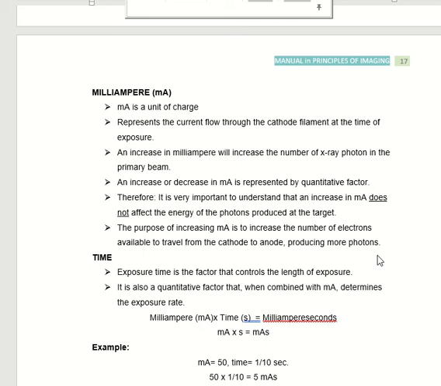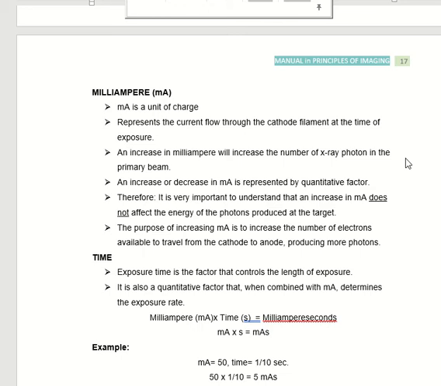So MA is a unit of charge. So for example, the unit of electron charge or electricity can be expressed in ampere or milliampere if there are small values. Okay, so also MA represents the current flow through the cathode filament at the time of exposure.